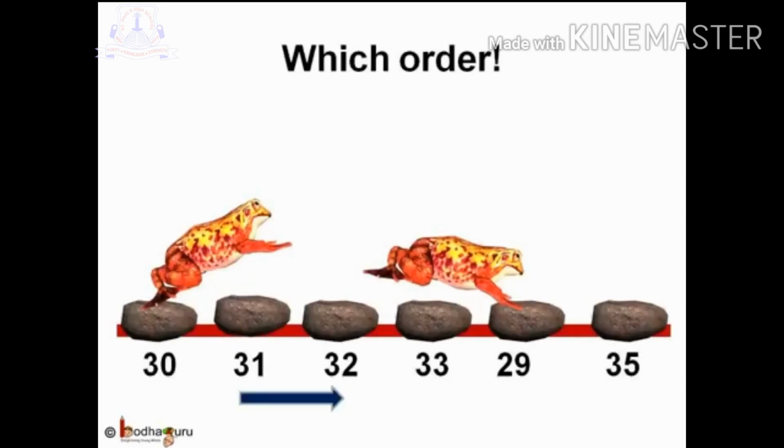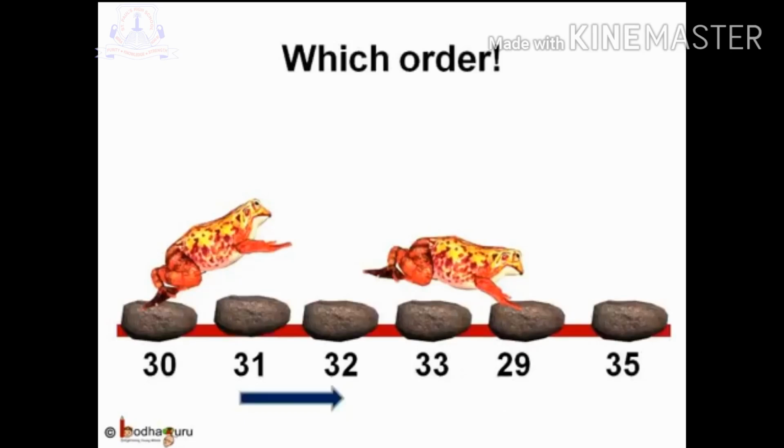But we also need to see the order of in-between numbers. See, 29 is less than 33. We have placed this after 33. So this position is not correct.